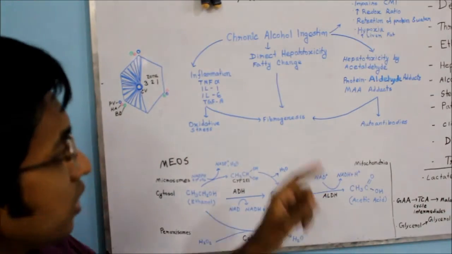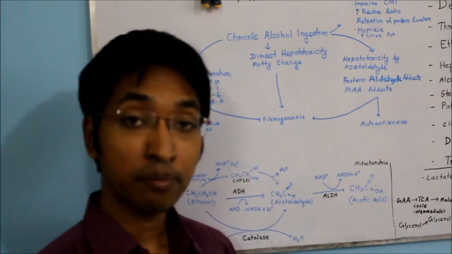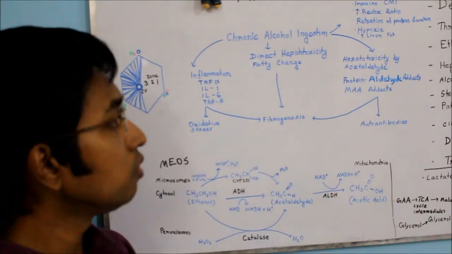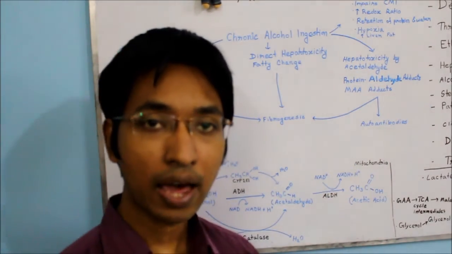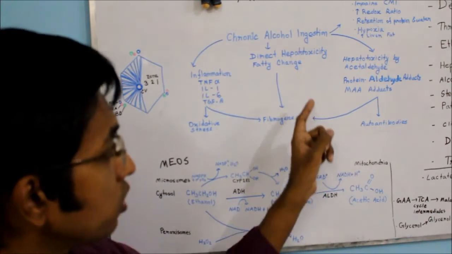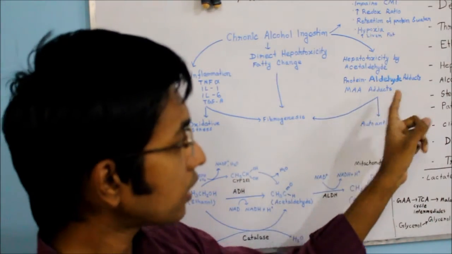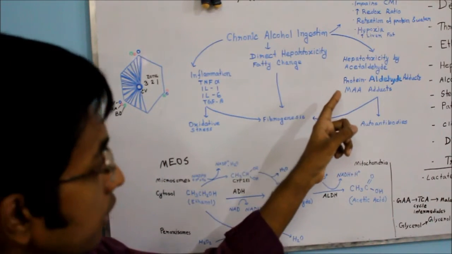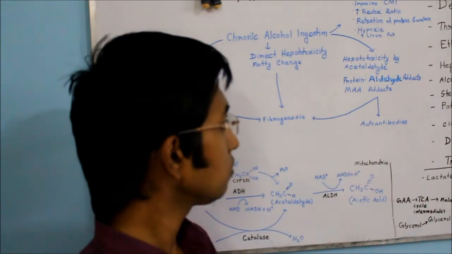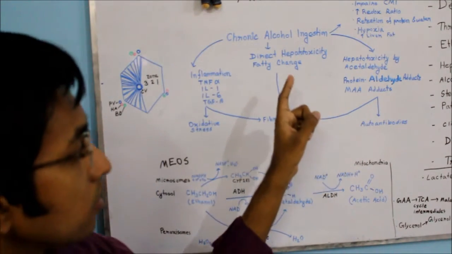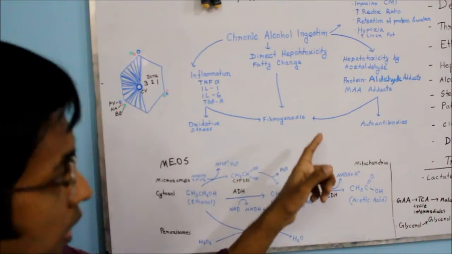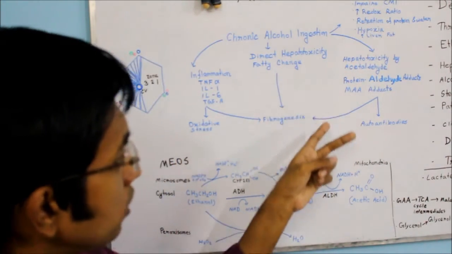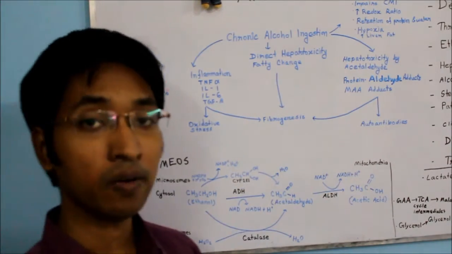So how does acetaldehyde impair liver function? Acetaldehyde will produce 2 types of adducts. One is called the protein aldehyde adduct, and the other type of adduct, which I have written here as MAA adduct, is in fact the malondialdehyde acetaldehyde adduct. Both of these types of adducts are hepatotoxic.